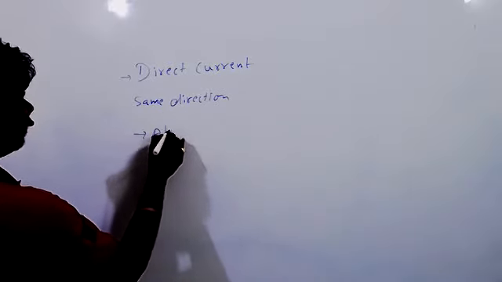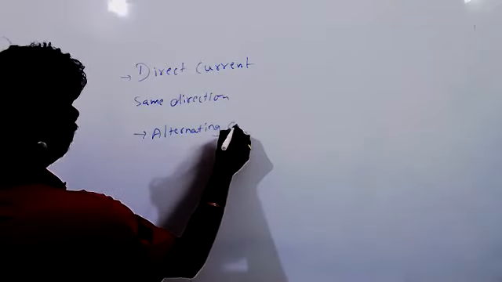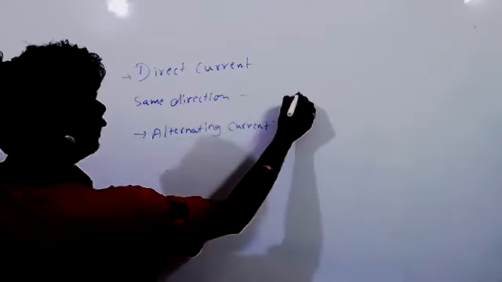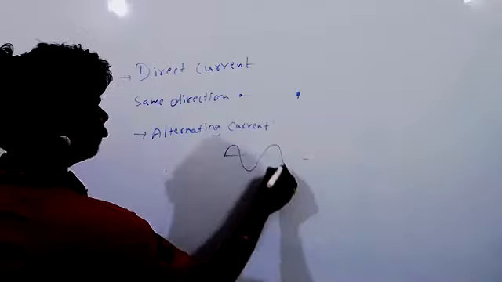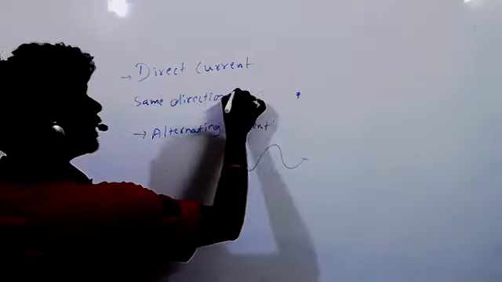Alternating current: the direction changes every time. So direct current will be like this, and alternating current will be like this.